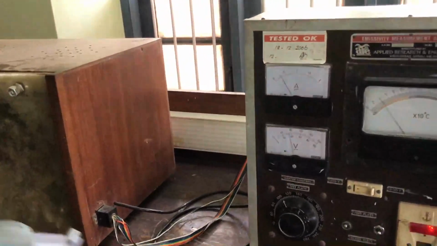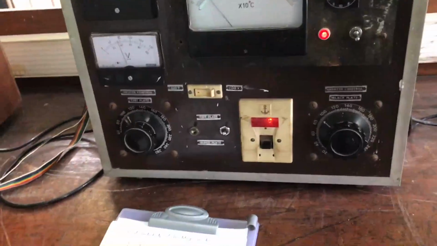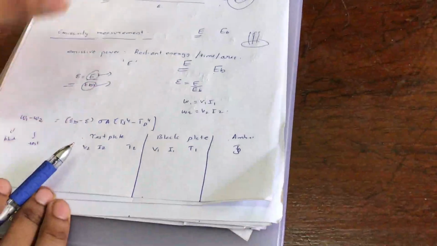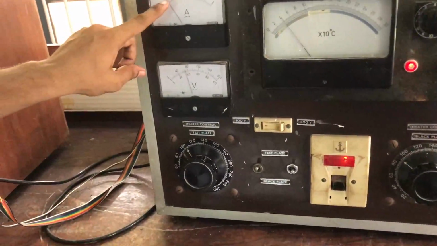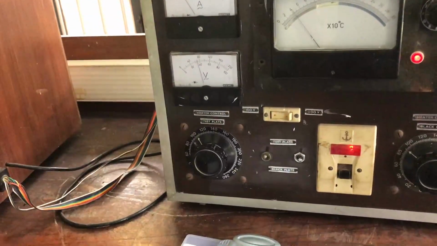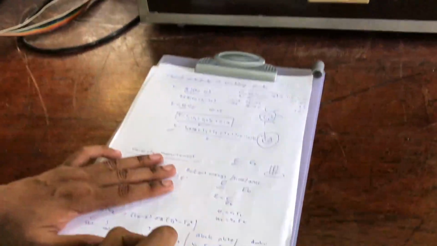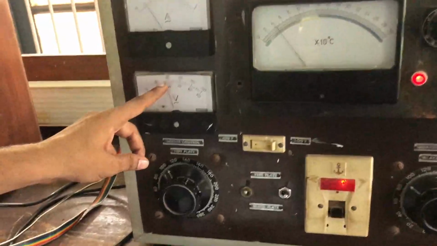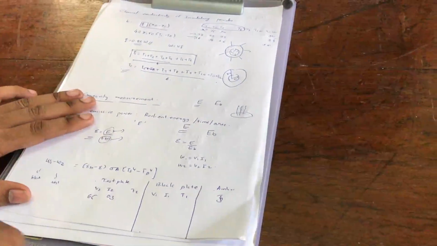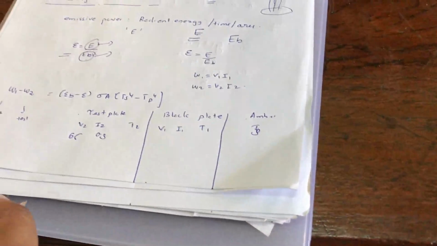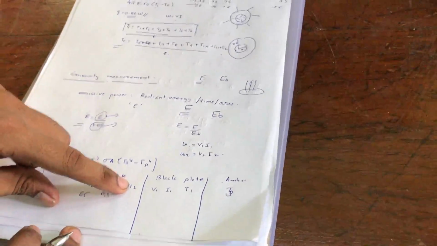So for reading, we are having the test plate here. In the test plate we are having the current. Say the current is 0.3, and the voltage is say some 65 or so. And now we are going to look at the temperature.